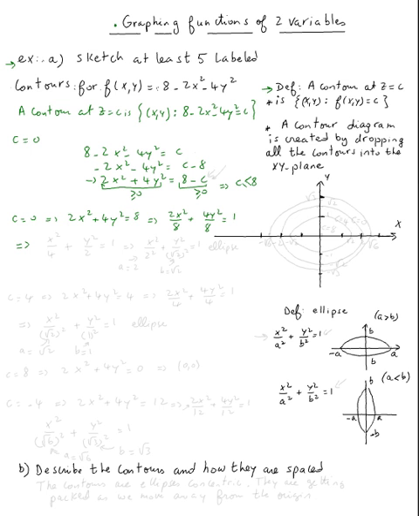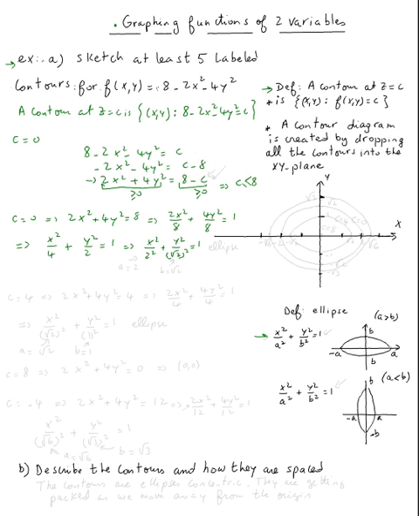Now reduce 2 over 8, which is the same thing as 1 over 4. And then reduce 4 over 8, which gives you 1 over 2. In other words, this is the same thing as x squared over 2 squared plus y squared over square root of 2 squared equals 1.